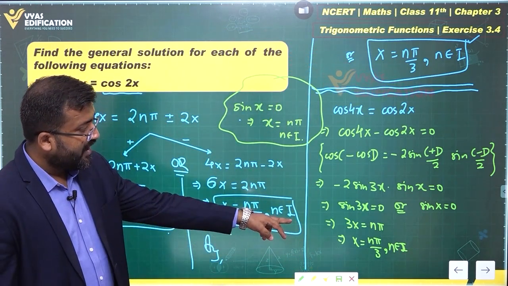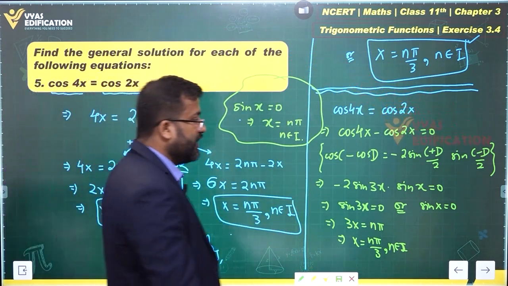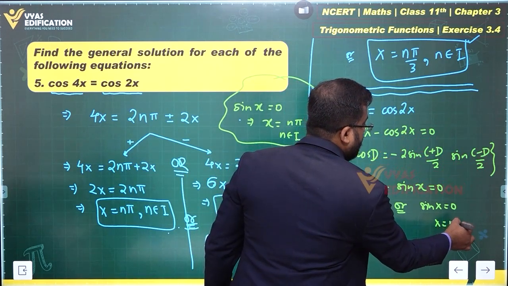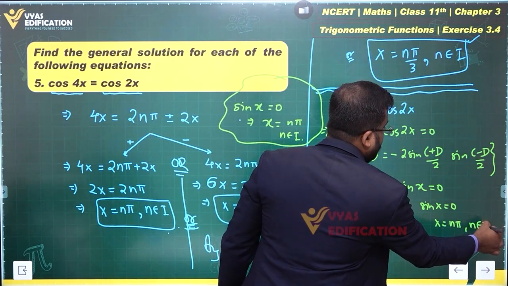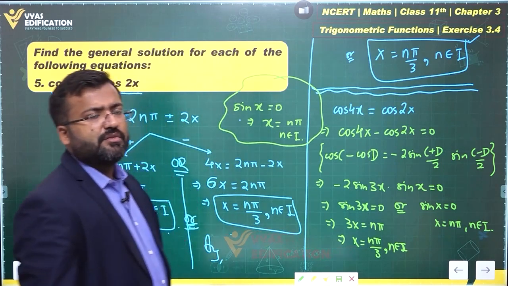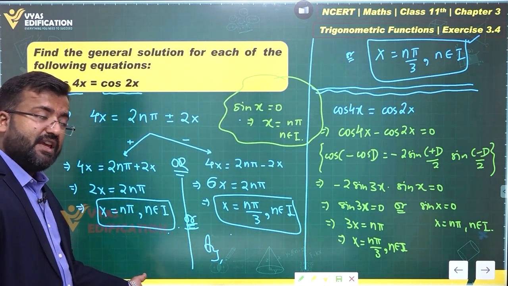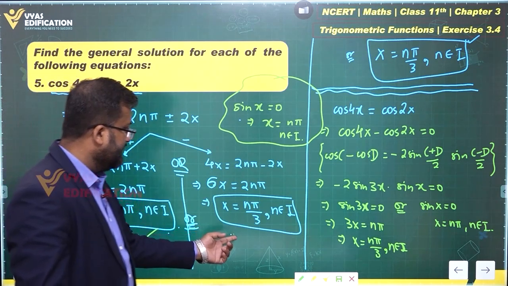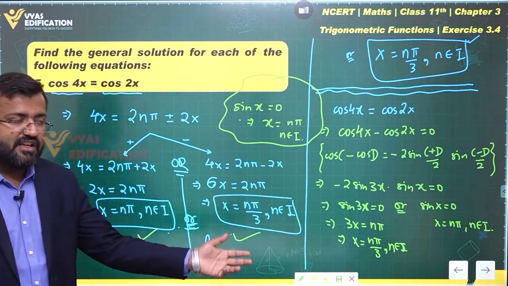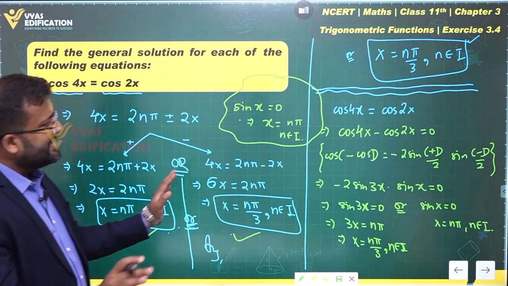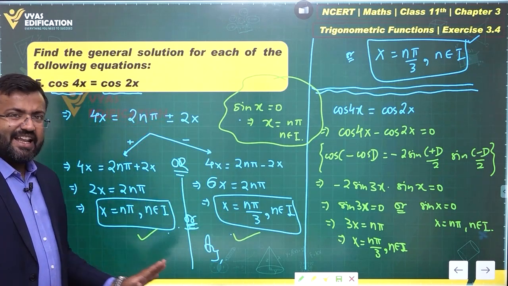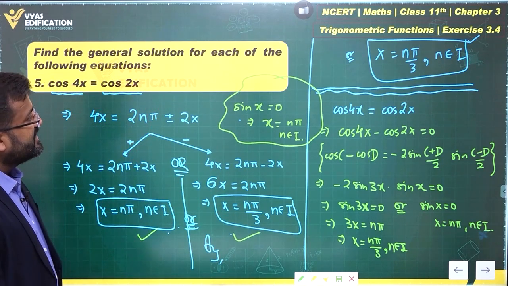This is what I get. Or sin x equals 0 gives me x equals n pi, where n belongs to integer. What is so special about this? We have manipulated and we have solved, but the answer that we have obtained is exactly the same. Can you observe that? This or this, the answers are exactly the same, and that's the complete analysis of this question. Is there anything else which remains? No, nothing else remains in this question.